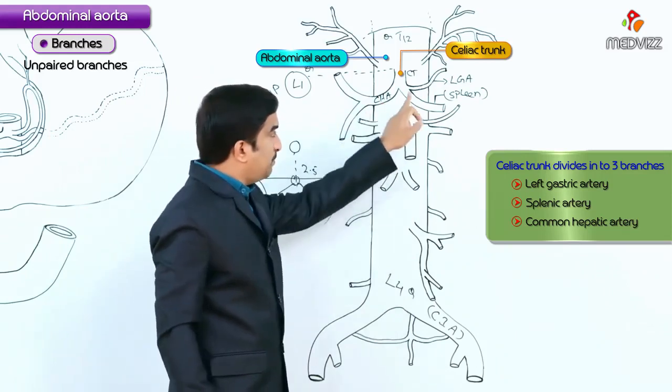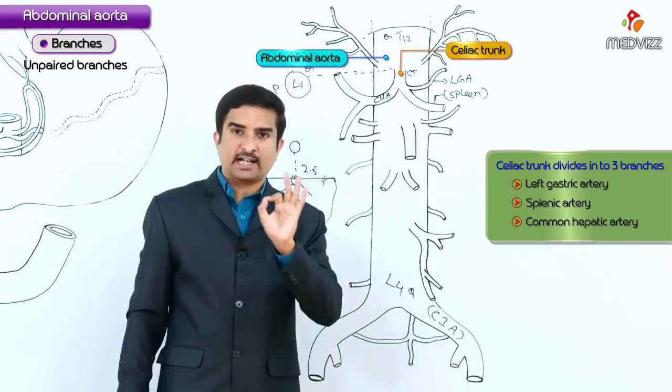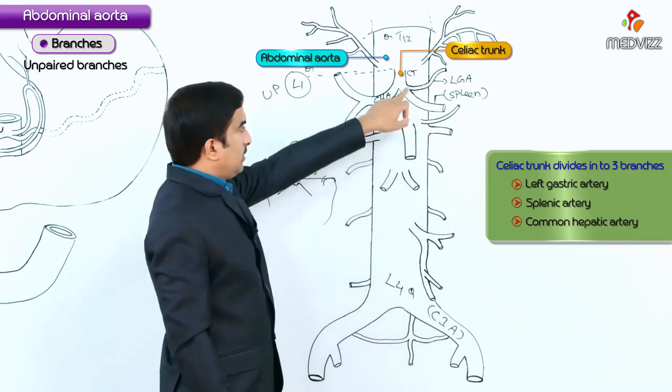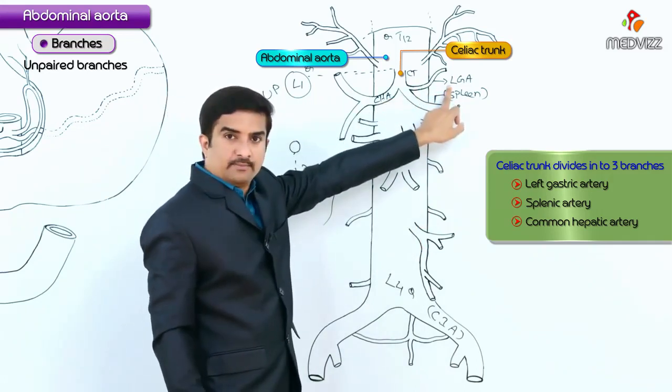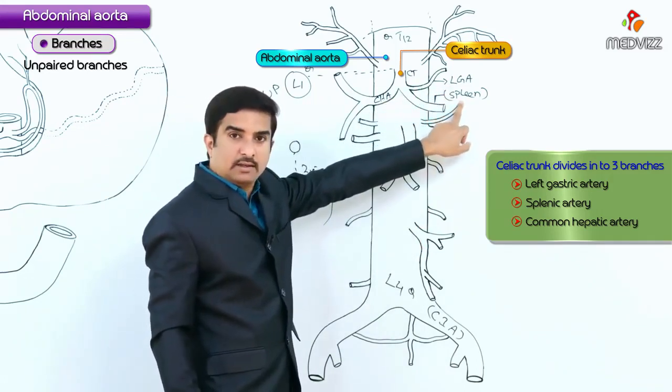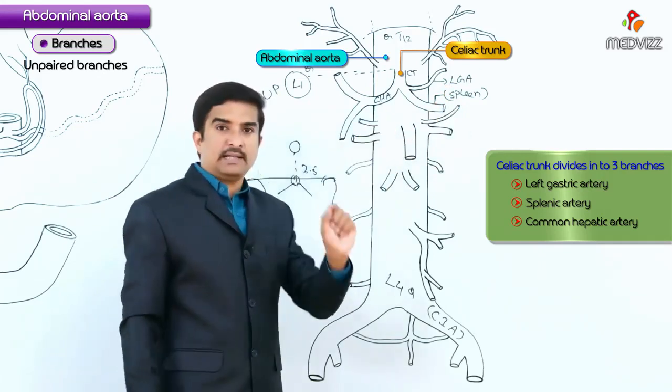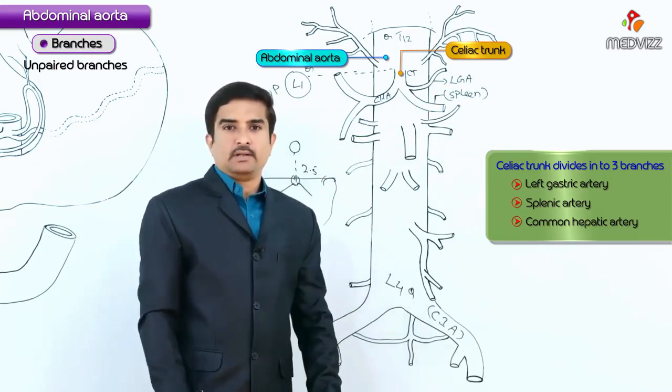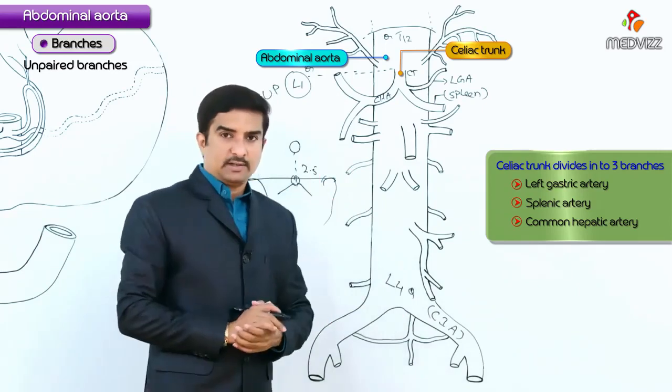So what are the three branches arising from the celiac trunk? The left gastric artery, the splenic artery, as well as the common hepatic artery. So this is about the celiac trunk.